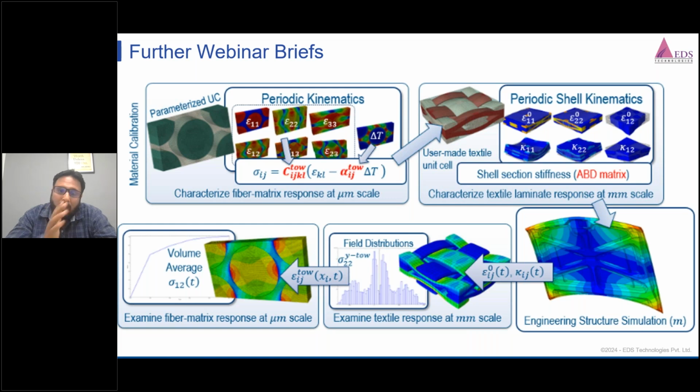And the beauty of the software is that we have an RVE plugin, the representative volume element method. It uses the Mori-Tanaka equations. Suppose your material vendor or provider has given only two-dimensional properties, and you do not have the three-dimensional properties to add into the software as material properties.